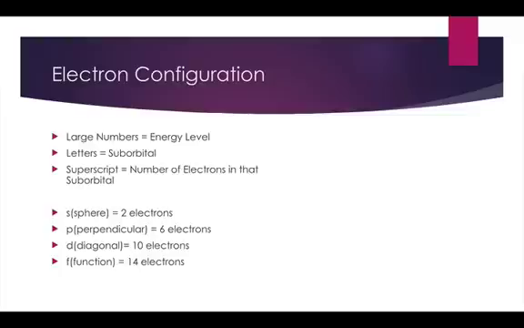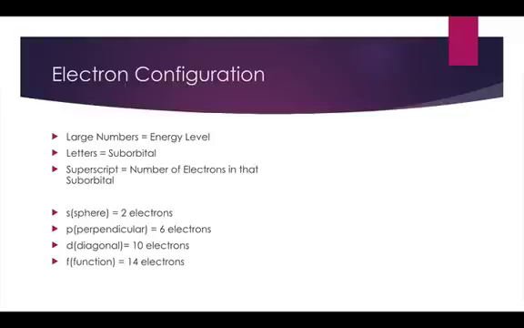And so we're going to use a method called electron configuration. Electron configuration takes the same information, but organizes it in a string of numbers, letters, and superscripts to place all the electrons in the energy level at the lowest possible energy, the ground state.